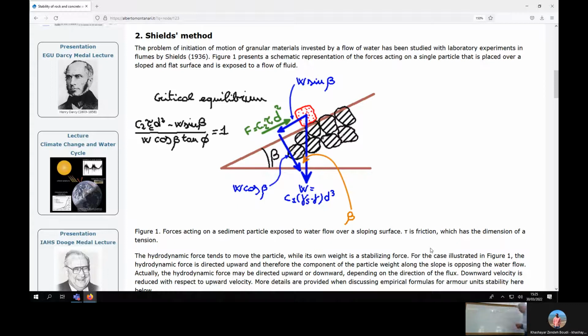So let's put in evidence these two components: one here that is parallel to the surface and one here that is perpendicular to the surface. If this angle is indicated with beta, this angle here is equivalent to beta.